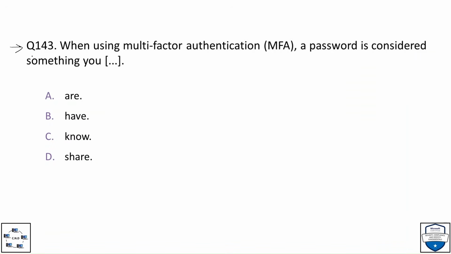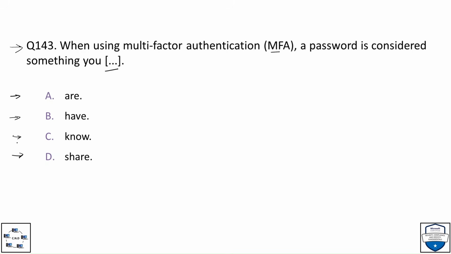Question number 143, when using multi-factor authentication, MFA, a password is considered something you. So the password is what type of authentication factor? Basically, we have three types of authentication factors: something you know, something you have, and something you are. So the options are something you are, something you have, something you know, or something you share.